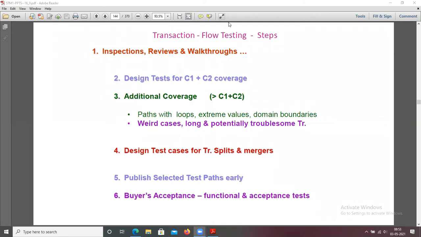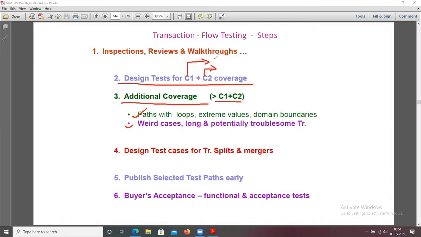Second one: design tests for C1 plus C2 coverage. Additional coverage greater than C1 plus C2 includes paths with loops, extreme values, domain boundaries, wild cases, and long and potentially troublesome transactions. In our previous classes, we discussed C1 and C2.